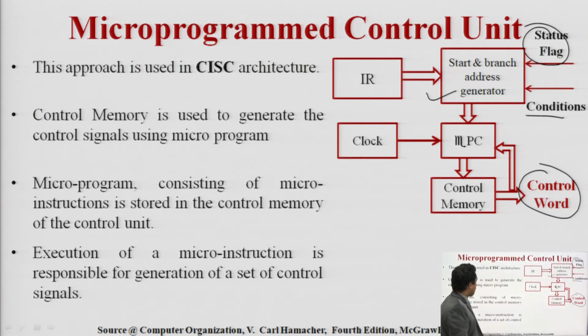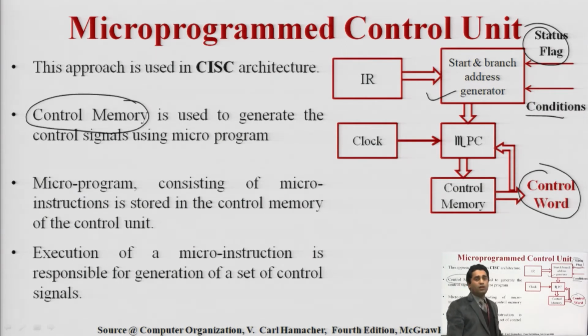When we talk about the microprogrammed control unit, the major part depends on the control memory. We have the main memory and the cache memory. The main memory carries the data of the running processes, but the control memory is on chip, where all the instructions are previously written. You can treat this control memory as a ROM, read only memory, meaning you can't write anything here.